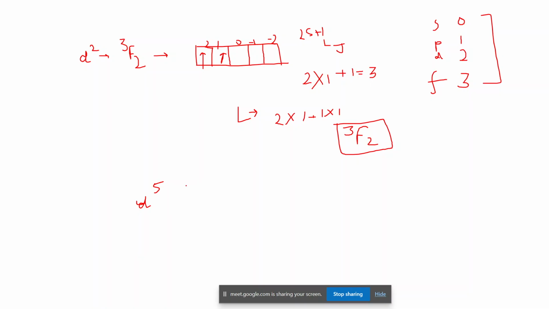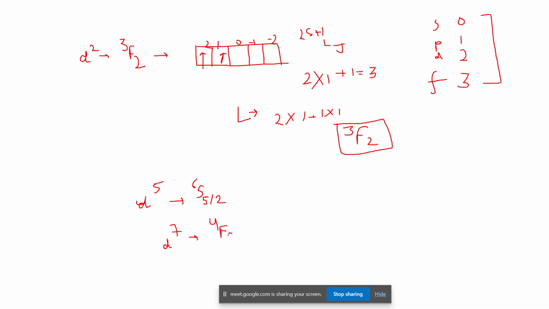Correct, it will be 6S 5/2. And for d7, 4F 9/2. Correct.